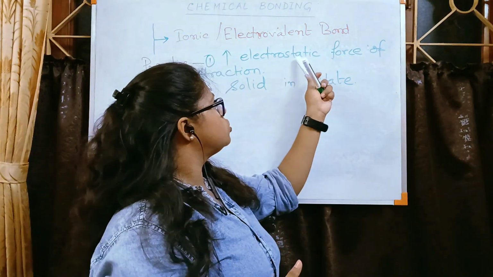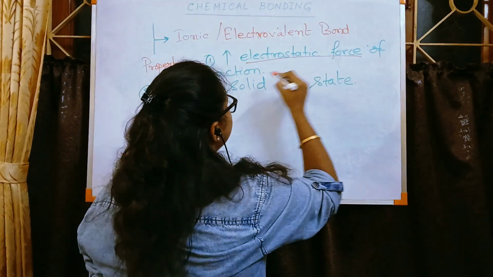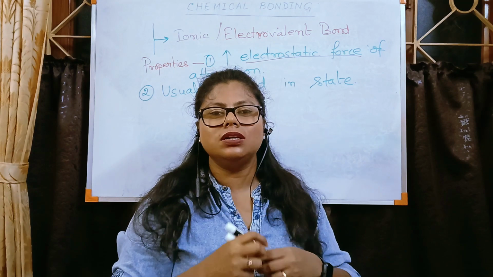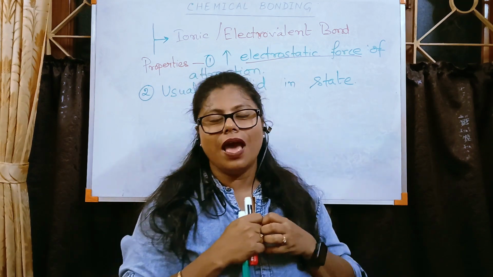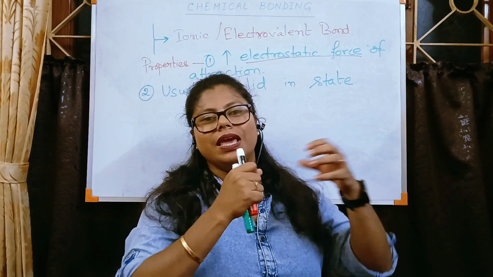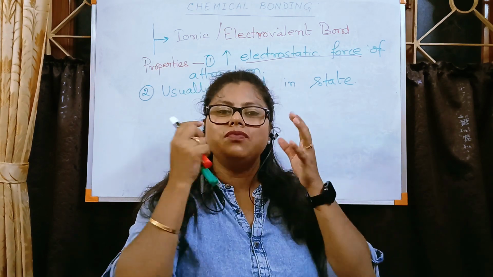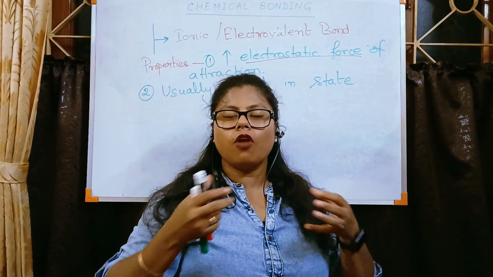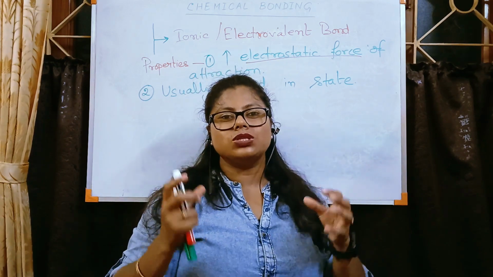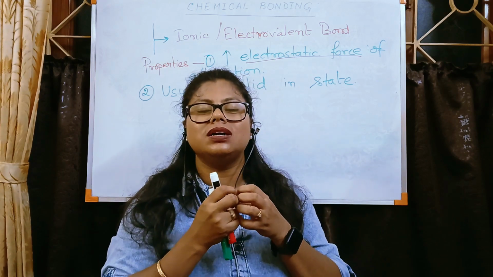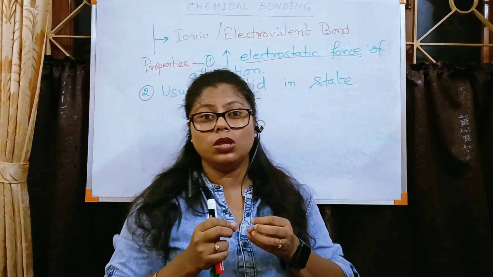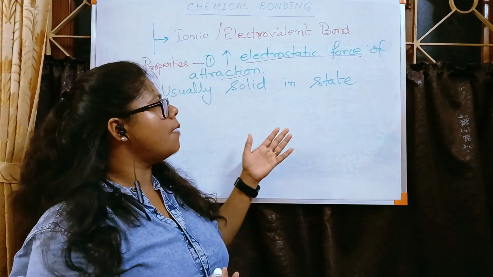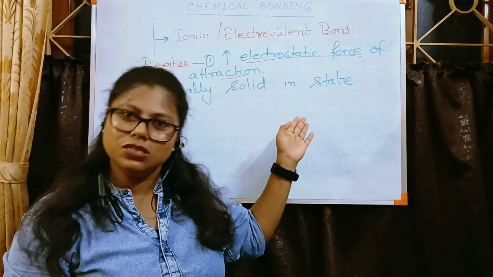Because of this strong electrostatic force of attraction, the particles will try to remain within each other or will try to be with each other, and as a result all the particles are very close to each other, which creates the solid matter. We know from a very young age that solid particles are very close to each other. They have very less intermolecular space in between and great force of attraction. So the same thing is happening, and that's why their state is usually solid.